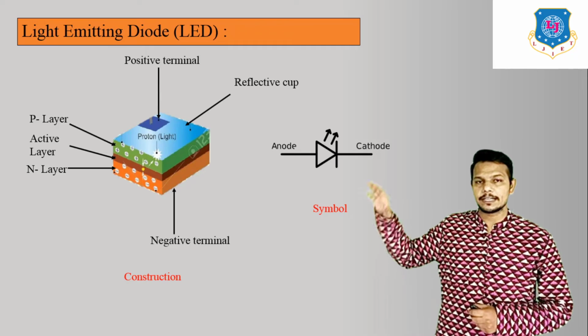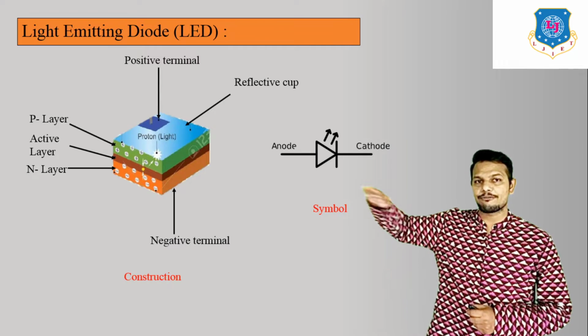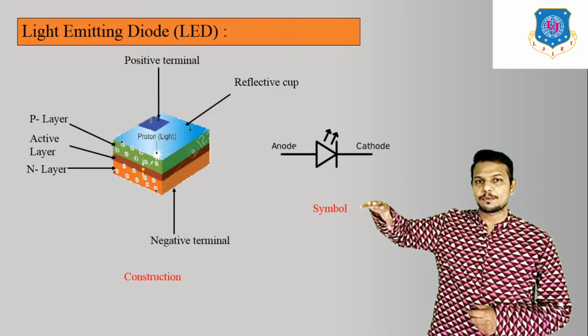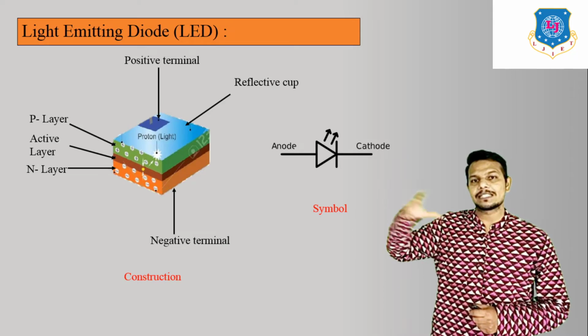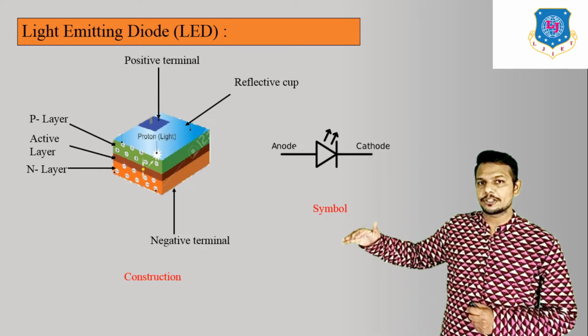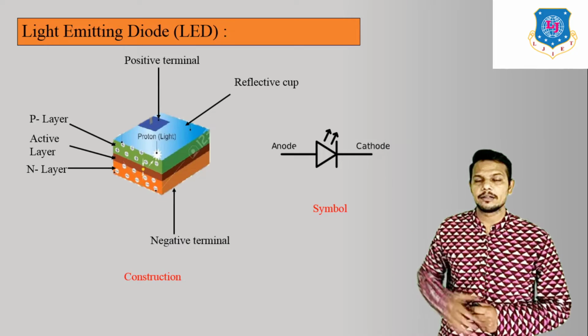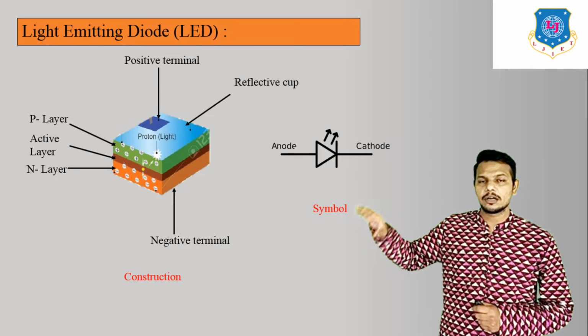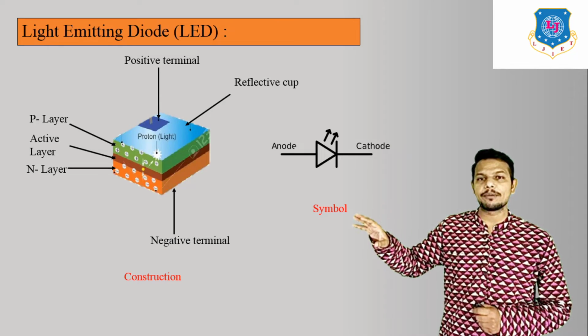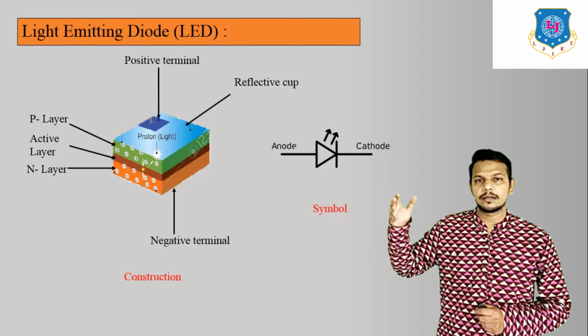Here we can see in this construction, first is a reflective cap which is transparent, and from this cap we will see the light. Then after, in the green surface, this is the P layer, where we can see the recombination process, and due to this recombination process we will get light.